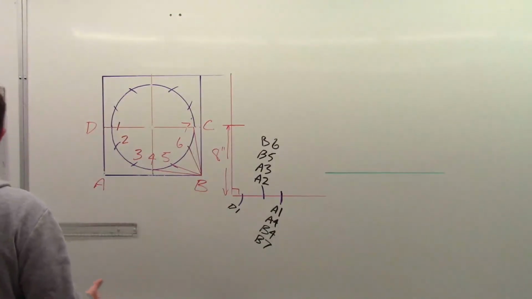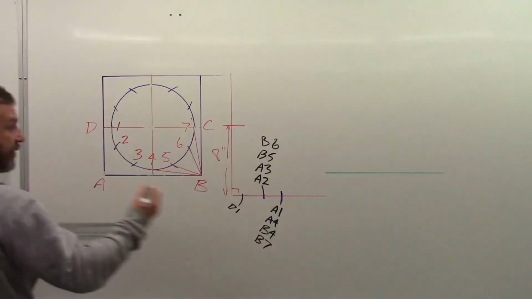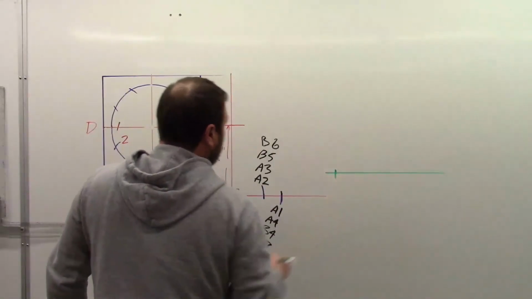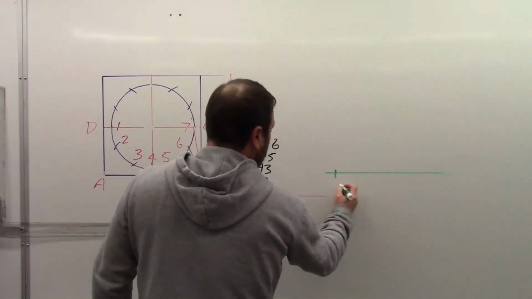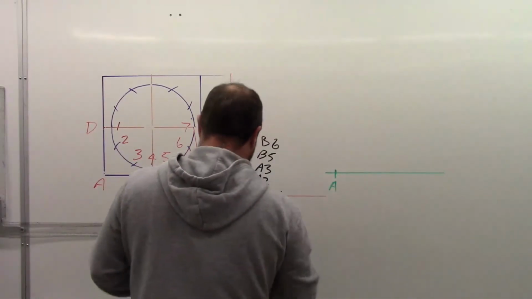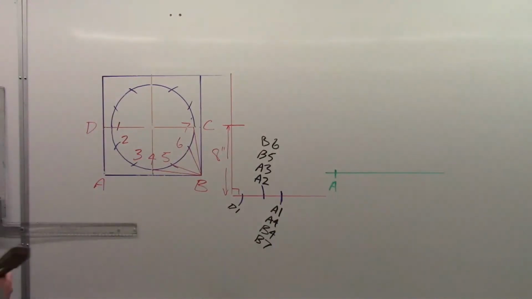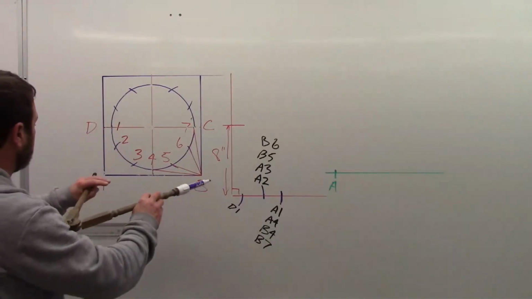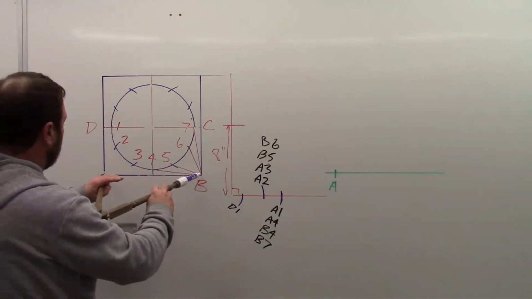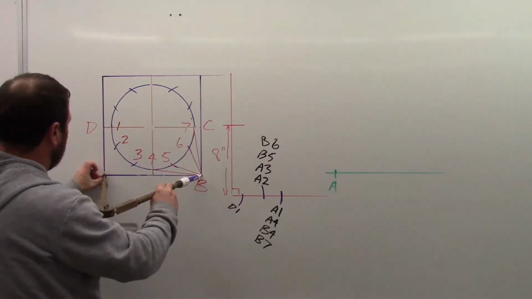There's multiple ways I can start it. I can give myself a point here, and I'm going to label that as A. And then I can take my ruler or my compass, it doesn't matter, but what I need to do is establish my baseline to the length of AB now.